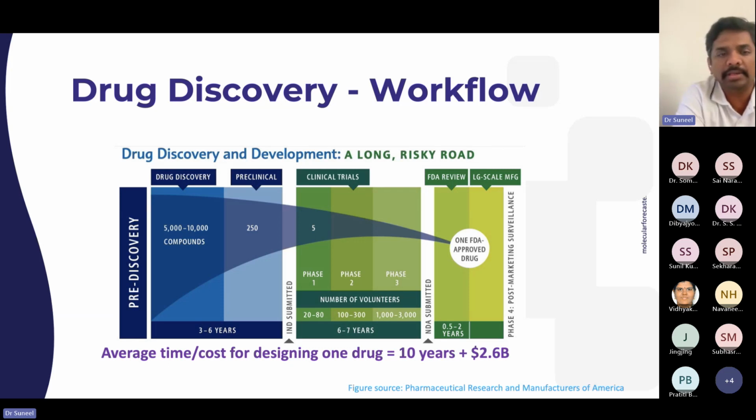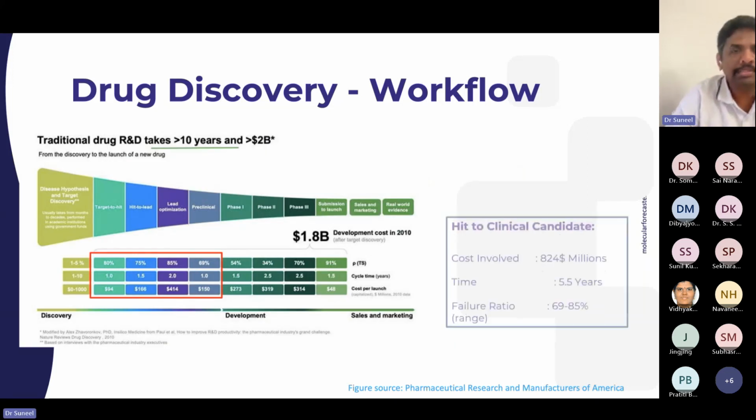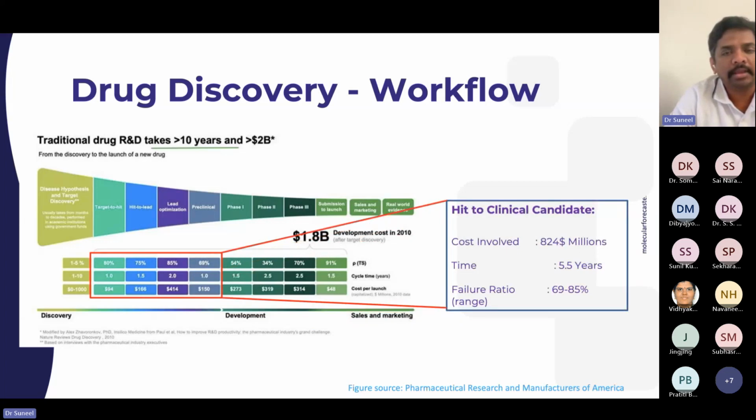So you can imagine, if any molecule fails in phase one and phase two, we lose almost $1.5 billion and 9 years of effort. Drug discovery is not that easy, and the success rate is very, very low. But still, it's a long way to go. Now, if I look at the breakdown of the entire cost, the drug discovery starts with basic biology and target to hit, hit to lead, and lead optimization.